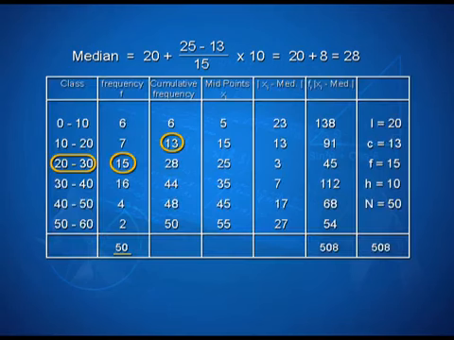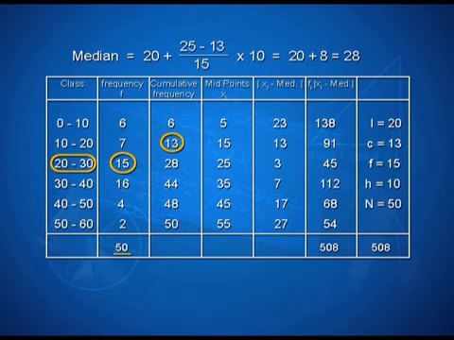Now, we shall prepare a table having the following columns: first representing the classes, second the frequency, third showing the cumulative frequencies, fourth showing the midpoints xi, fifth showing the absolute value of xi minus median, and next the product of fi into the absolute value of xi minus median.